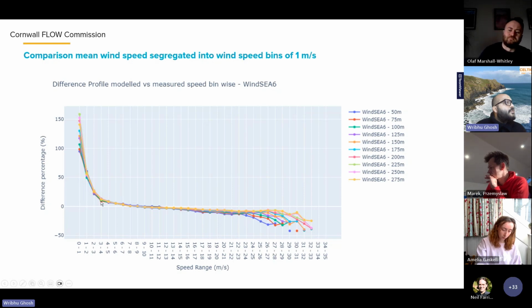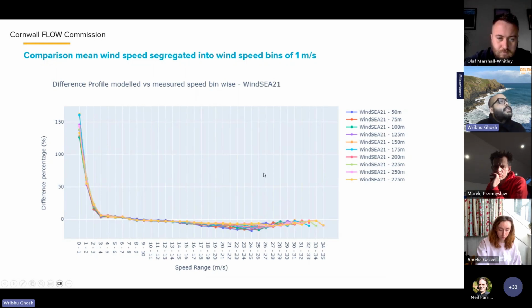It comes down to a slight over prediction at around 3, which is the cut-in speed, and this is 25, which is the cut-out speed. So between 3 and 25, it goes from slight over prediction to slight under prediction pretty much linearly, and then beyond 25 it starts falling off the cliff.